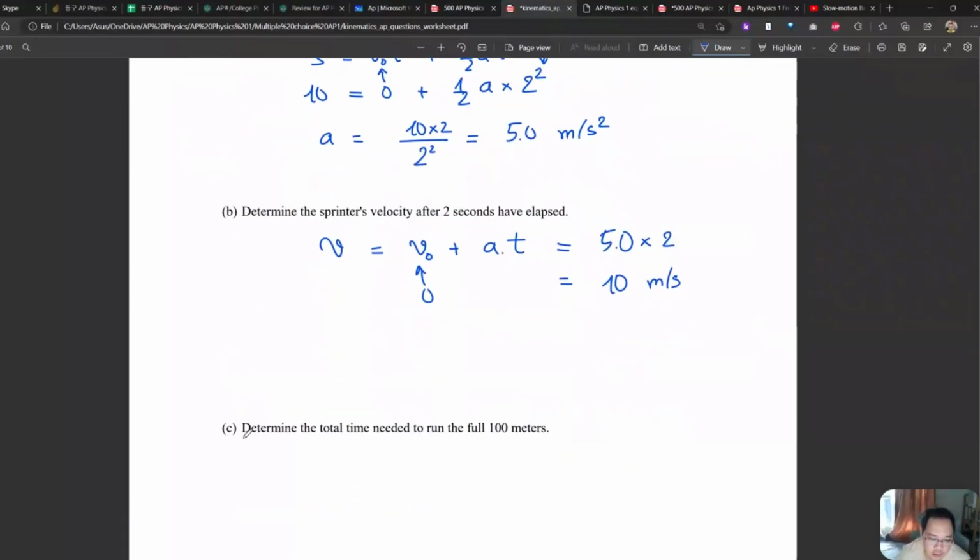Okay, question C. Determine the total time needed to run the full 100 meters.